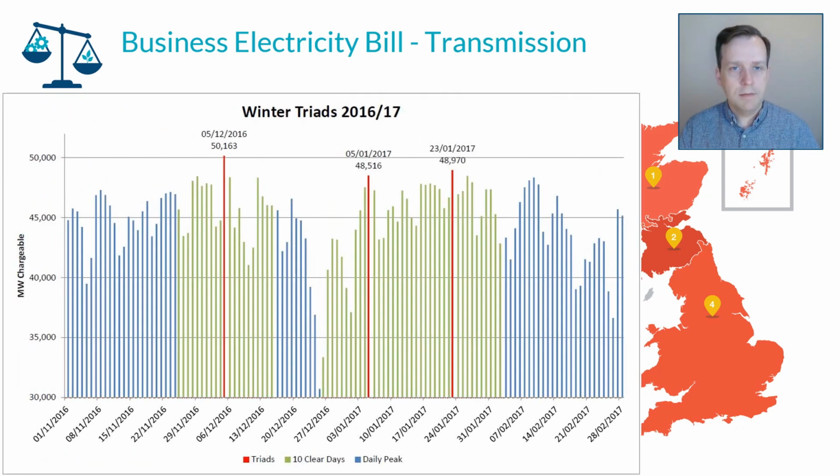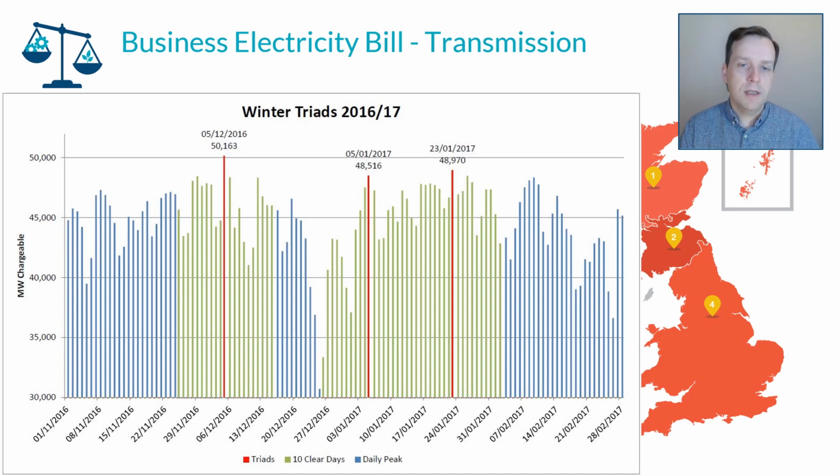The charging mechanism for triads, as they're known, or the TUOS system, is a bit more complicated. It looks at the peak generation, peak demand of the UK grid between the 1st of November and the end, 28th or 29th of February each winter.